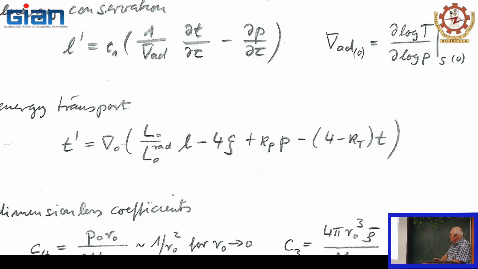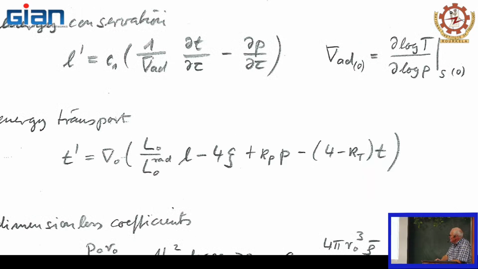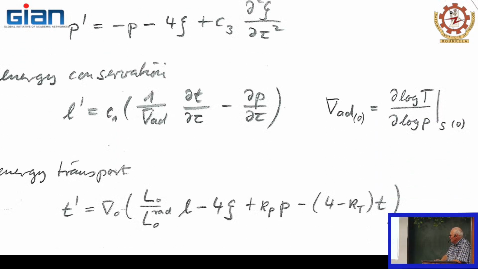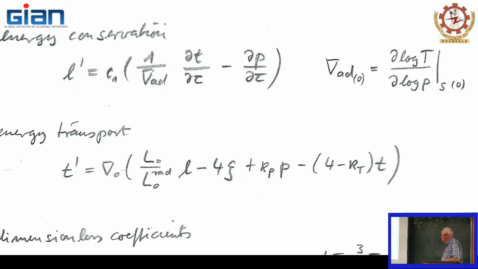These are coefficients which depend on the properties of the hydrostatic stellar models. These are, first of all, C4, then C3 in the second equation, and C1 in the third equation. All our other quantities are known, referring to the equation of state coefficients and the opacity coefficients here.